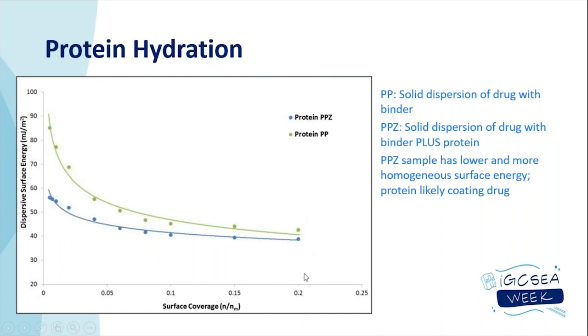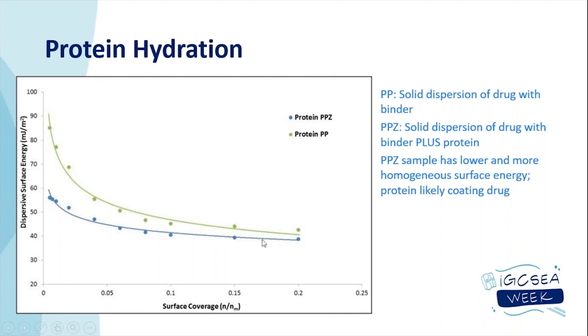If I only measured at high concentrations, these two surfaces might look quite similar. This would be similar to contact angle, where I wet the entire surface. Here we can control that surface to probe molecule ratio, and we can see these are two solid dispersions. This is a solid dispersion with just the drug and a binder, and this is the solid dispersion with a drug, a binder, plus a protein.